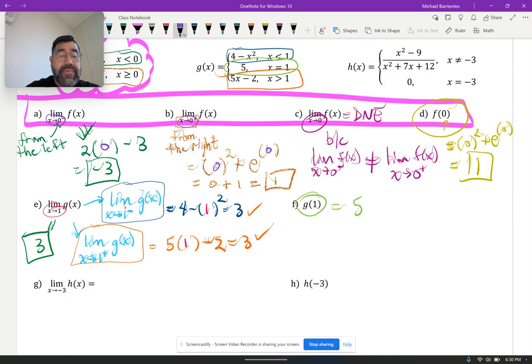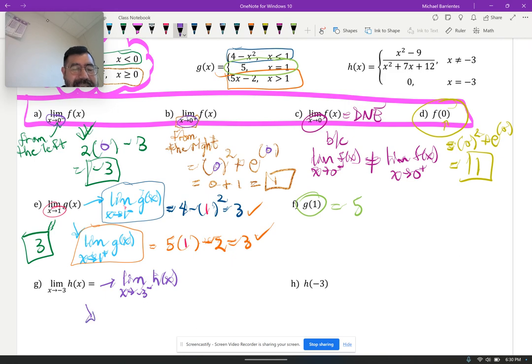So this is saying, in order to figure out whether this limit exists, I need to know, does the limit of h of x as x approaches negative 3 from the left side, first of all, does that limit exist?